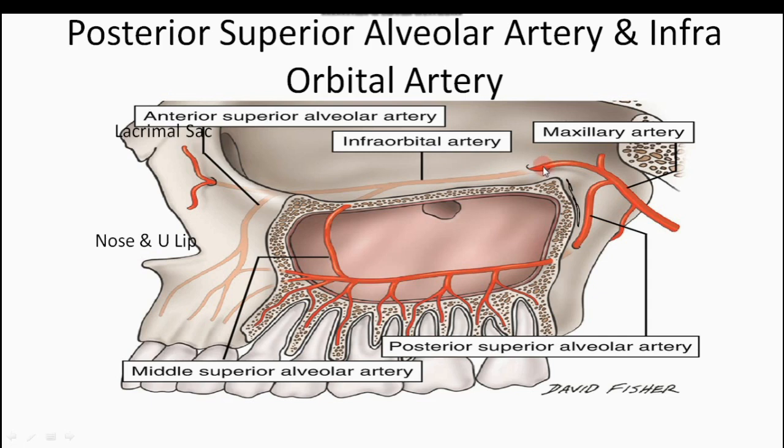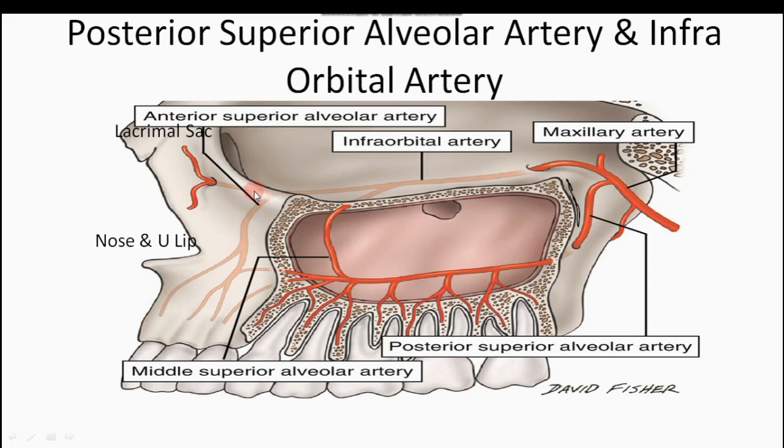It runs over the floor of the orbit and further moves ahead, giving a branch known as the anterior superior alveolar artery for the canine, lateral incisor and central incisor.